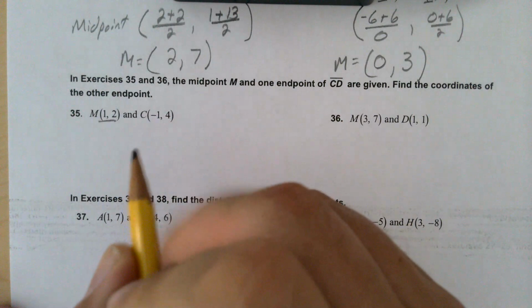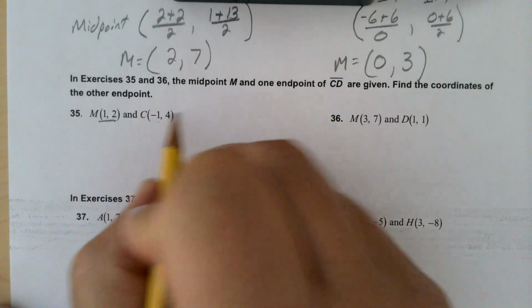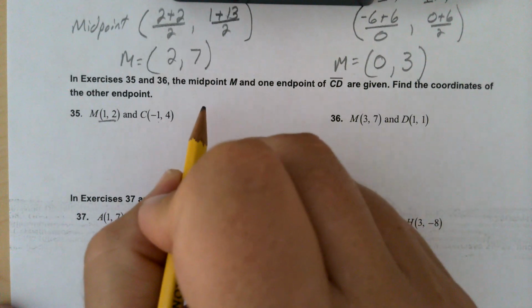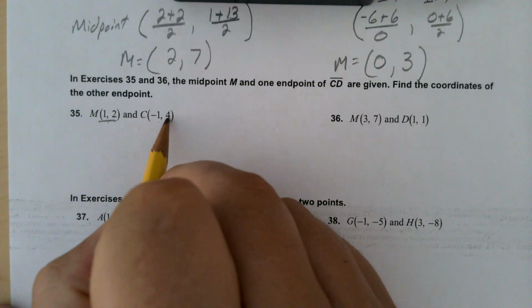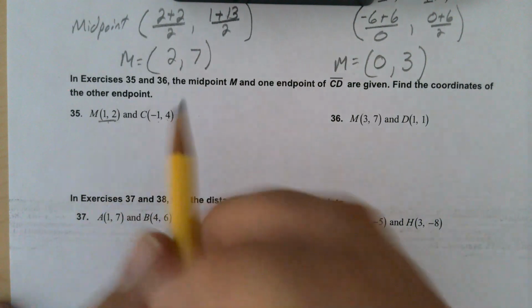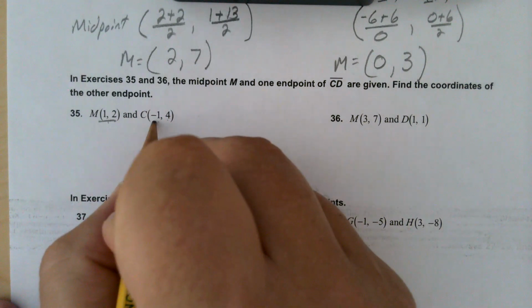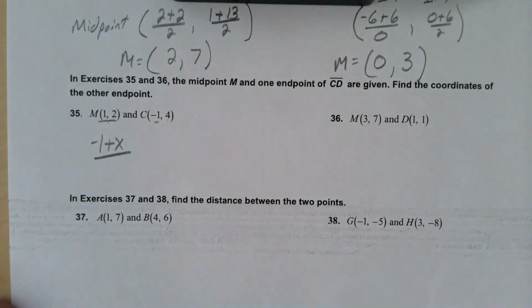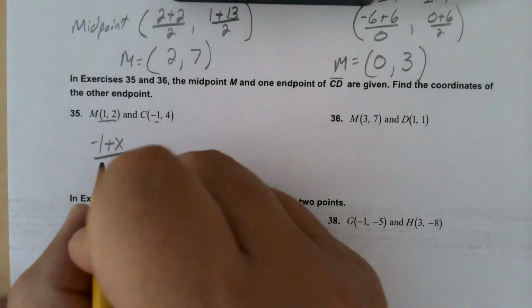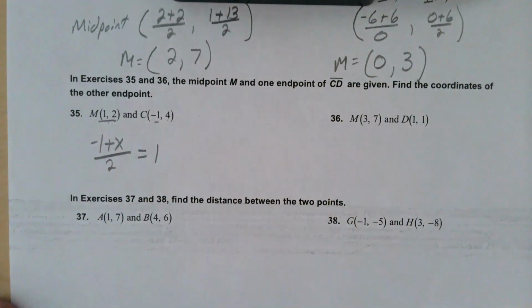This is my midpoint. So you're going to take this point, the point that's given, and we need the other point, the other end of this segment. This is in the middle. I give you 1 point, I need the other point. So all you're going to end up doing is taking the x value, adding it to the unknown x value. I don't know what that value is, but I do know if I divide by 2, it should equal 1 in this case.